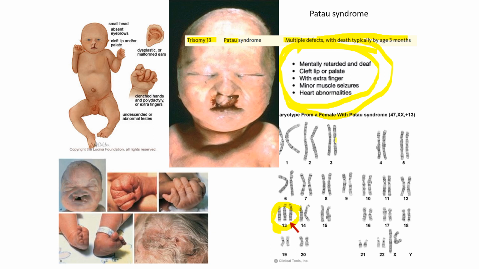Now, class, having an extra finger doesn't pinpoint that the individual has Patau syndrome. It's not necessary. If you have an extra finger but you don't have cleft lip, for example, you are not a Patau syndrome individual.